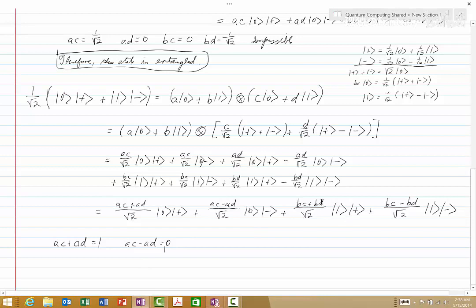And likewise, there is no 1 plus term up here, so BC plus BD must be equal to 0. And BC minus BD, since there is a 1 minus term, must be 1.